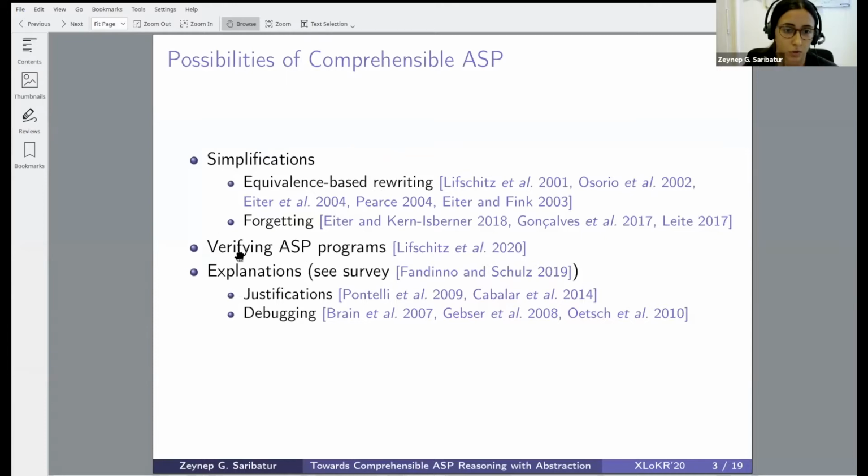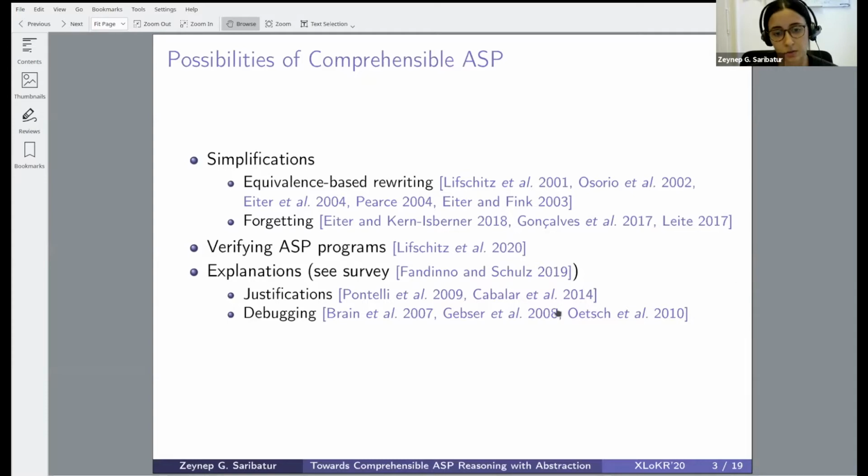There is ongoing work about verifying ASP programs, where you verify whether a program satisfies certain properties. And of course, there are works about getting explanations, like justifications of why an atom occurs in an answer set, or debugging if a program does not have an answer set, or whether some answer set does not occur. And there's a nice recent survey about that.